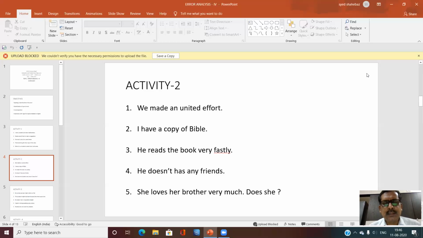Next sentence. She loves her brother very much. Does she? Here the mistake is in the use of question tag. The question tag is positive and the statement is also positive. This is incorrect. When the statement is positive, we have to use a negative question tag, not the positive question tag.